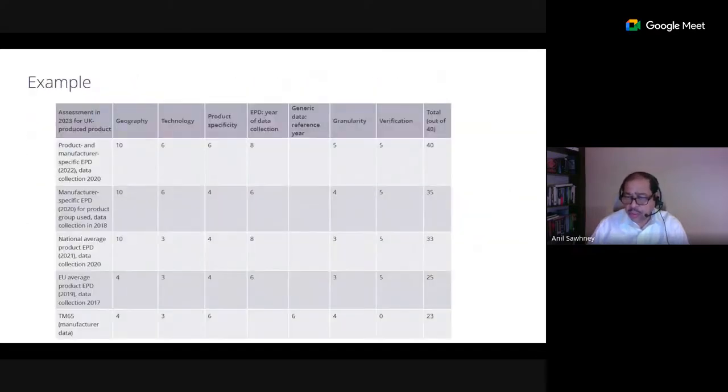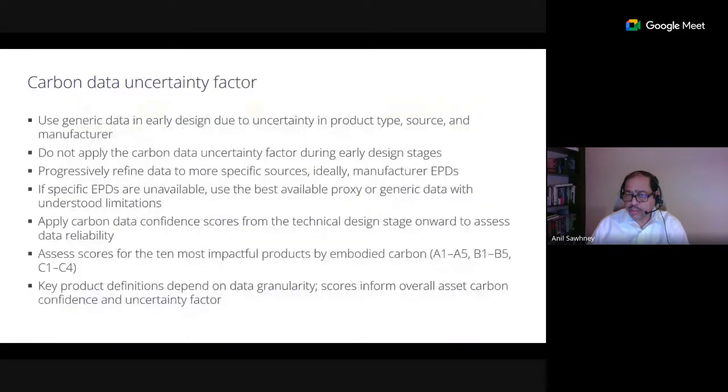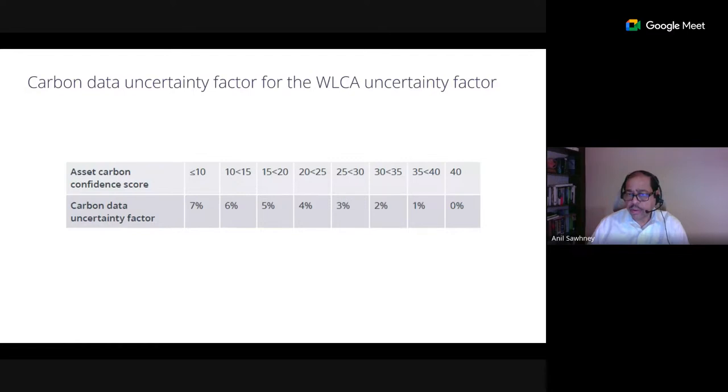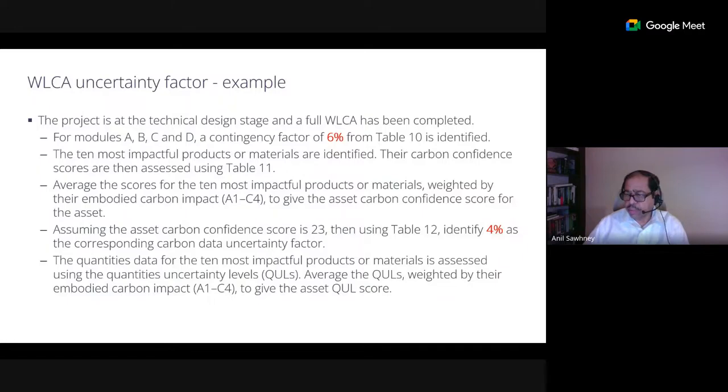23 will give you a 4% carbon data uncertainty factor. So you get 4%. The quantity data for the 10 most impactful products, same calculations, probably in an Excel spreadsheet, your top 10 embodied carbon materials.